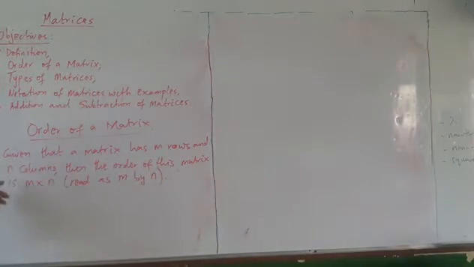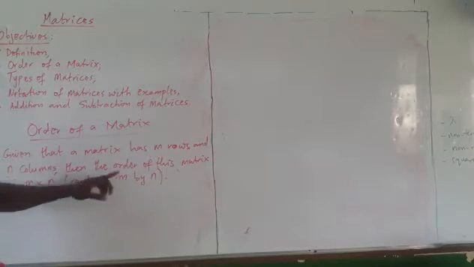The order of the matrix simply gives the name to the matrix. If you have an m rows and n columns matrix, the name of that matrix is m by n matrix.